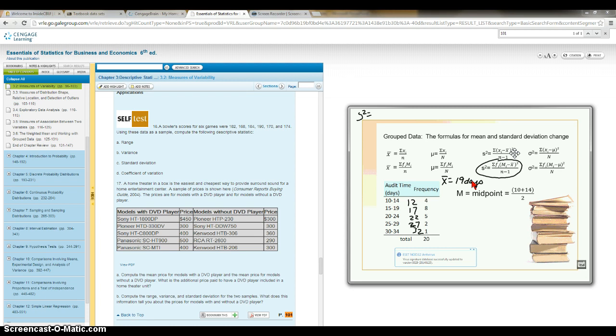So I start off with F. What's F for my first column? F would be 4, correct? So I say 4, and I'm multiplying it by the midpoint. My midpoint is 12. I'm subtracting x bar, which is 19, and I'm going to square that. Okay? So the next one would be what? What's the next one?